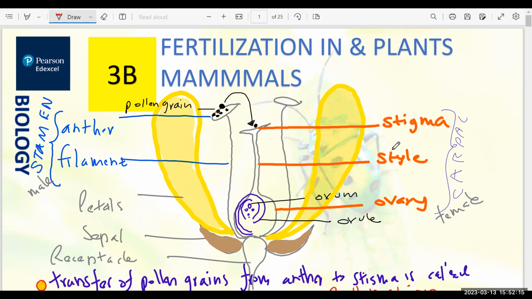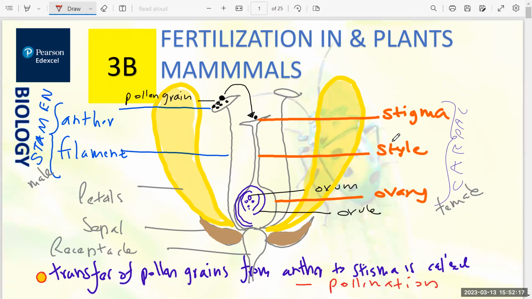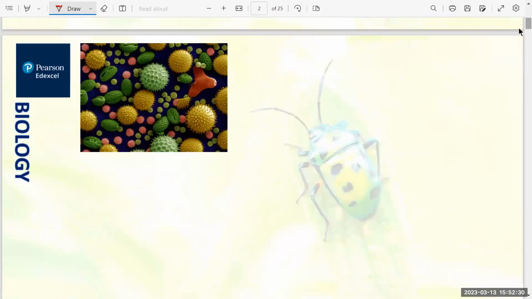Now we look at what is the next step after pollen grain deposit on a stigma. So let's see what is going to happen after that, right? You can see different pollen grains under electron microscope.